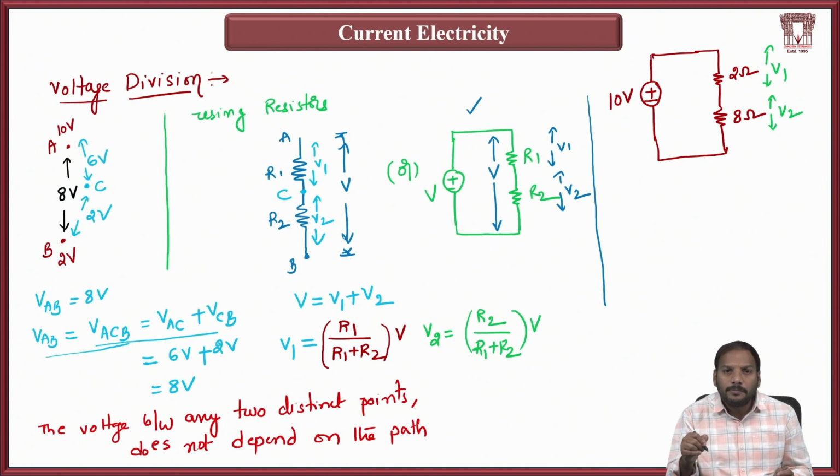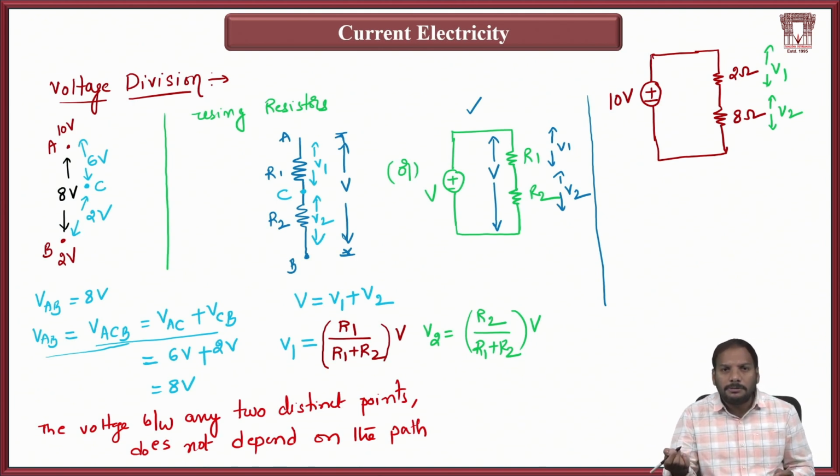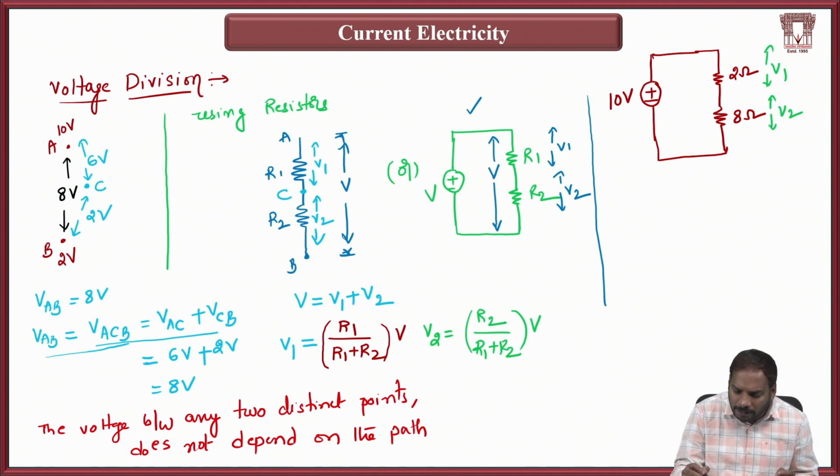The meaning is that to apply the voltage division principle, it is not required to calculate any current in this loop. It is not required to calculate the current in the 2 ohm resistor, the current in the 8 ohm resistor, or the current coming out of the battery. So that is the best advantage of the voltage division principle. The current measurement is not at all required.